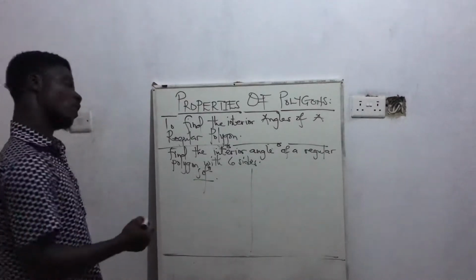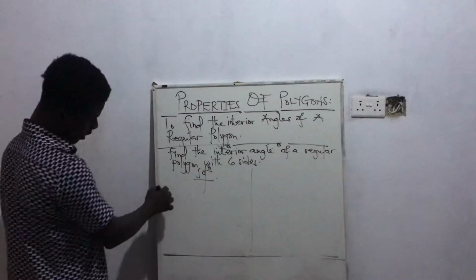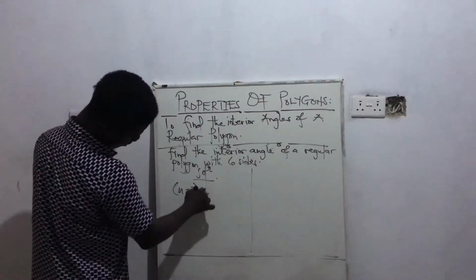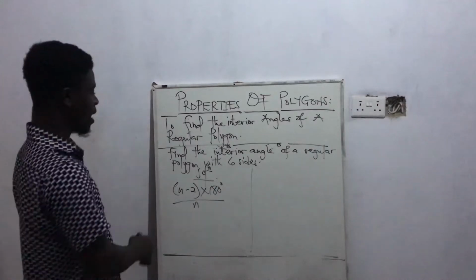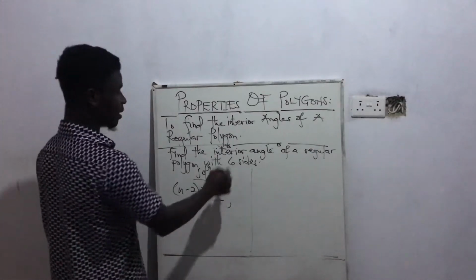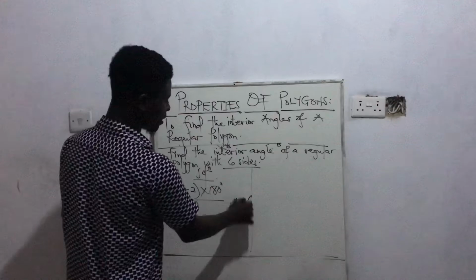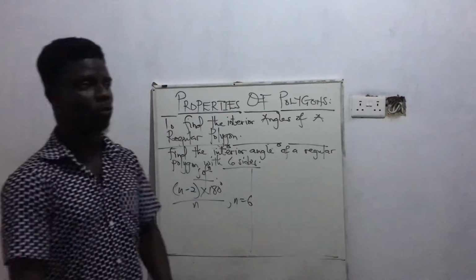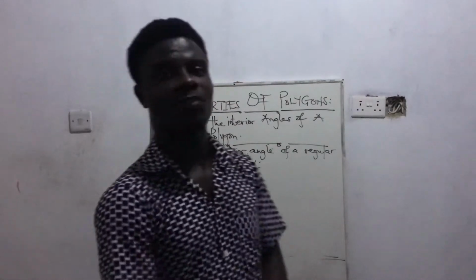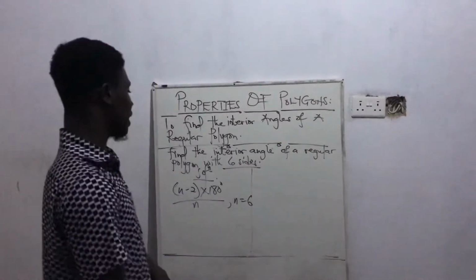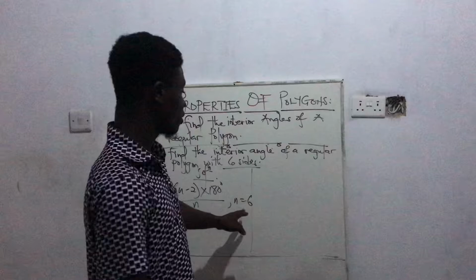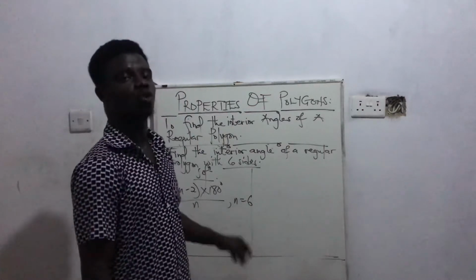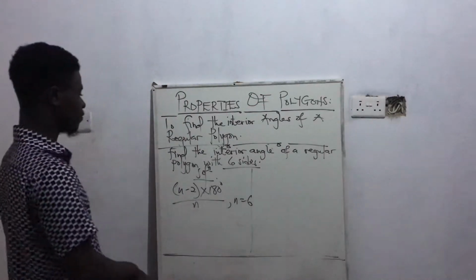If you want to find the interior angle, the formula is n minus 2 times 180 degrees all over n, where n is the number of sides, and the number of sides is 6. I gave you the types of polygon in our last video, so we know that 6 sides is a hexagon.